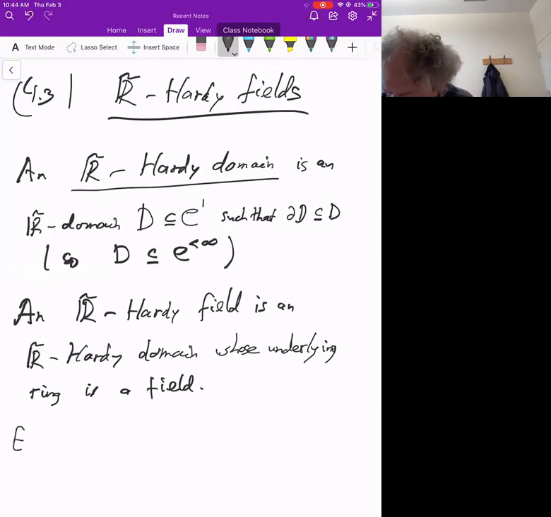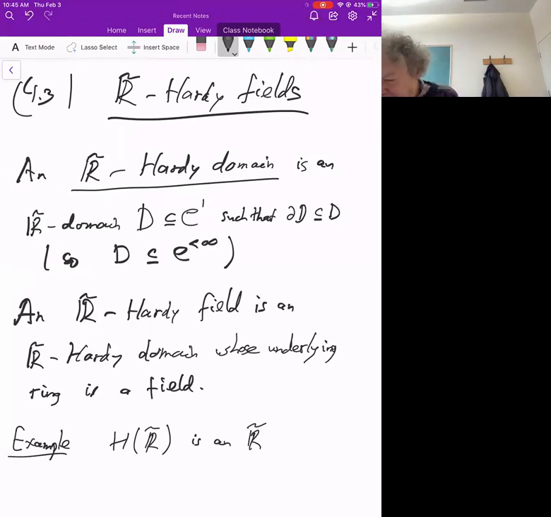Now, for example, H of R tilde, this Hardy field of germs of definable functions, is an R tilde Hardy field. We already mentioned that it is an R tilde domain, but because definable functions are eventually C1 and the derivative is also definable, you see that it's actually an R tilde Hardy field.